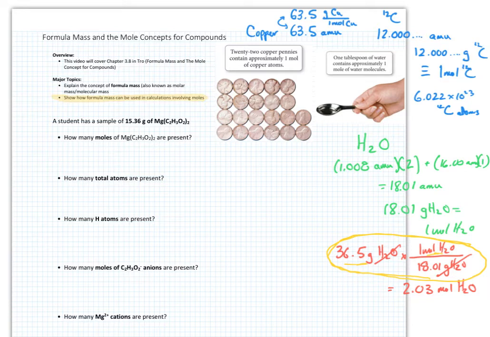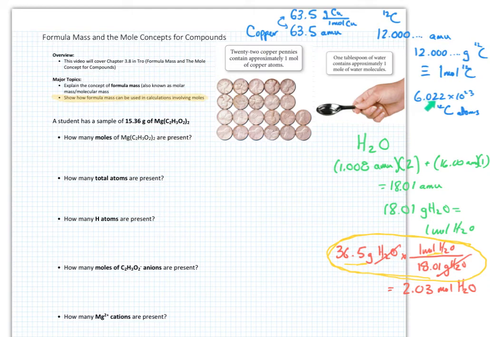So let's take this one more level deeper. If we have 18.01 grams of water, that means we have 6.022 times 10 to the 23rd water molecules. Okay, we already established that. How many hydrogen atoms do we have if we have 18.01 grams of water?